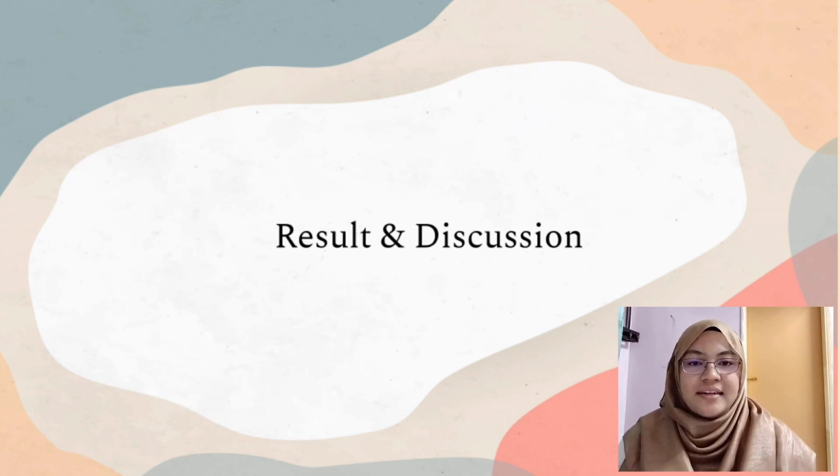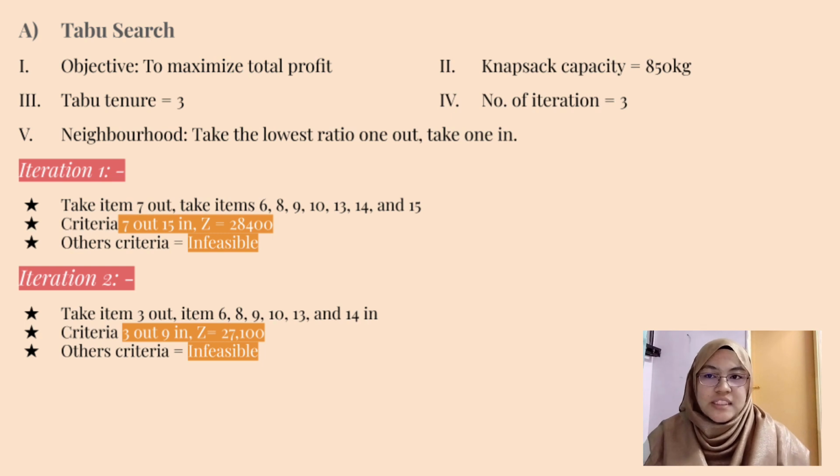Now, I will explain the results of double search and simulated annealing. I will start with double search. Our objective is to maximize the profit, and our knapsack capacity is 850 kg. We have a total of 3 double turner and 3 iterations. Our neighborhood is to take the lowest ratio 1 out and take 1 in.